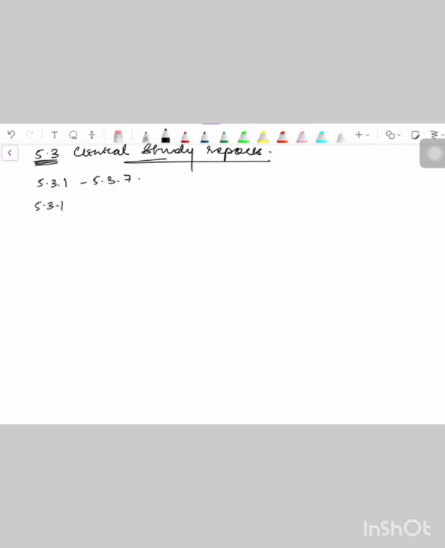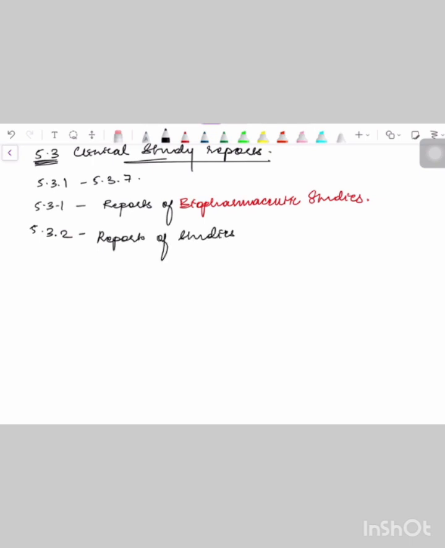5.3.1 is reports of biopharmaceutic studies. Then 5.3.2 is reports of studies pertinent to pharmacokinetics using human biomaterials.